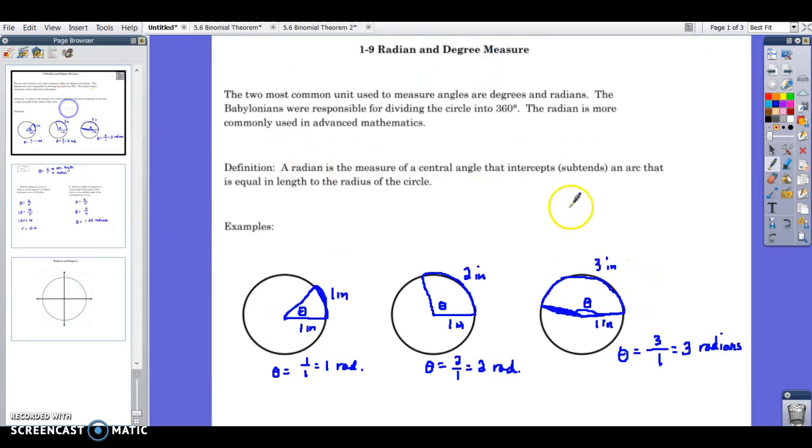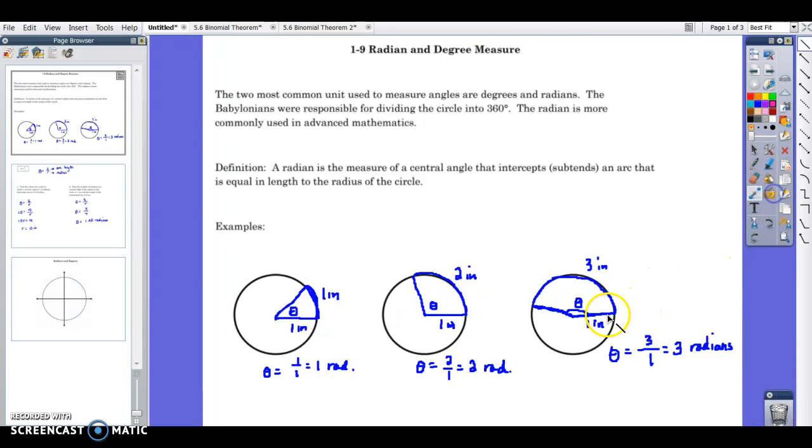Okay, one other thing I want to point out here is this angle, it's not quite a straight line. This angle right here is just shy of being a straight line, and that gave us 3 radians.